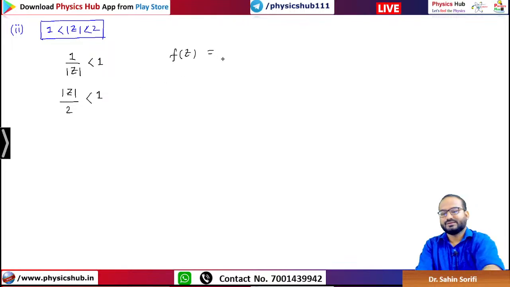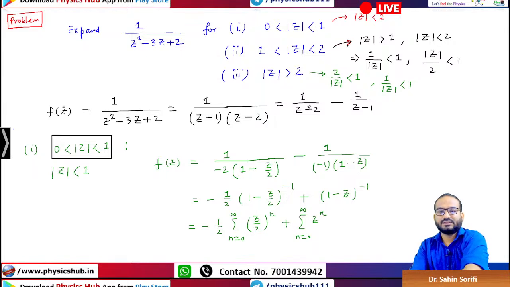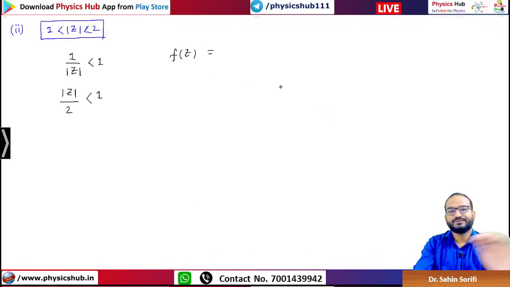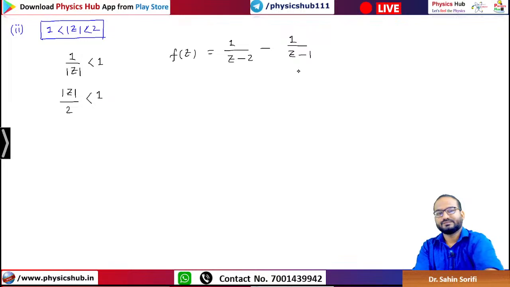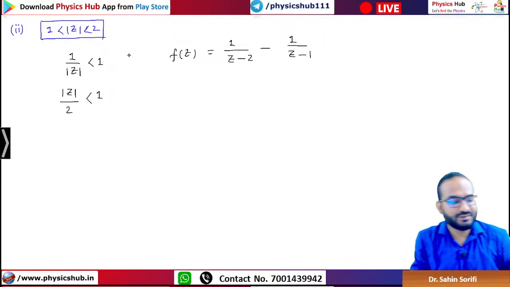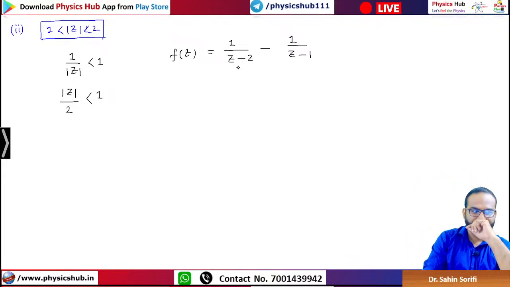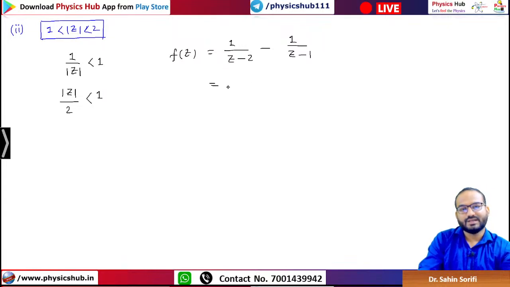What we have, f of z is equal to 1 by z minus 2 minus 1 upon z minus 1. Now 1 by z you need to take out from here. So once again you can take minus 2 common.